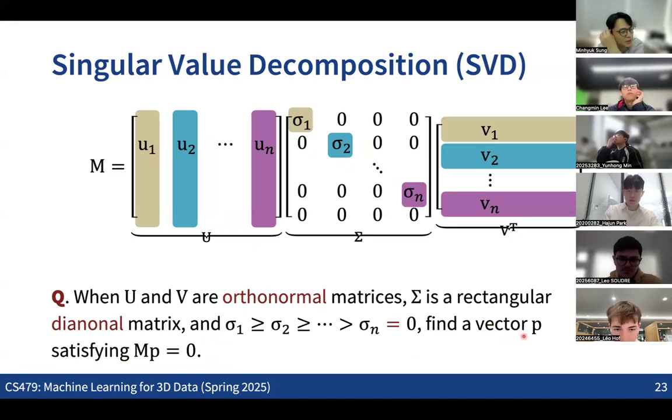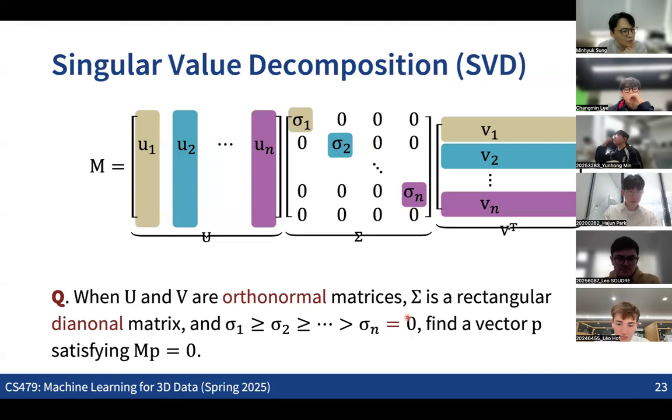This vector P becomes the vector in V corresponding to the smallest singular value, which is now 0.